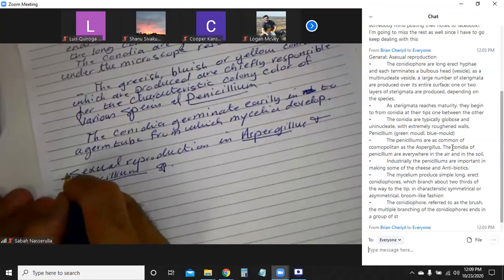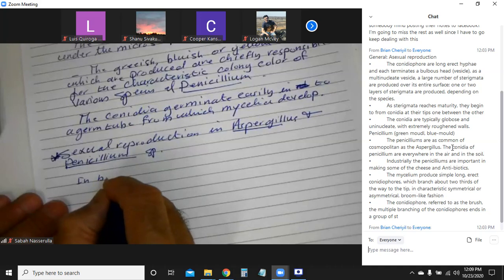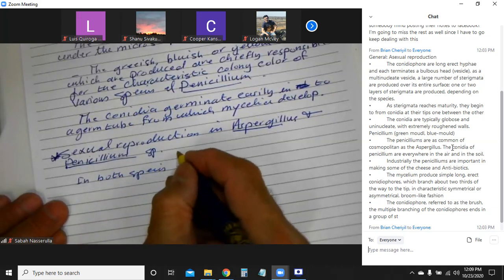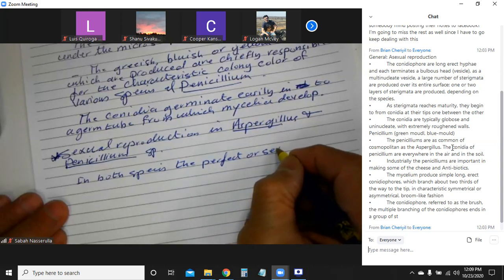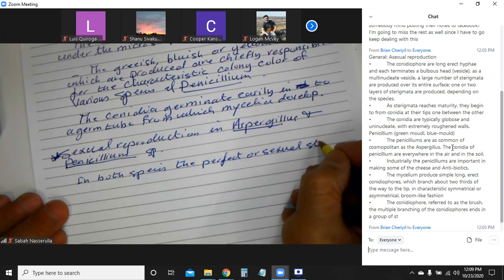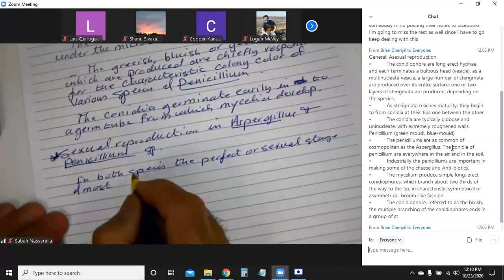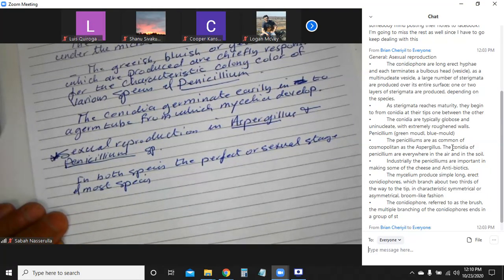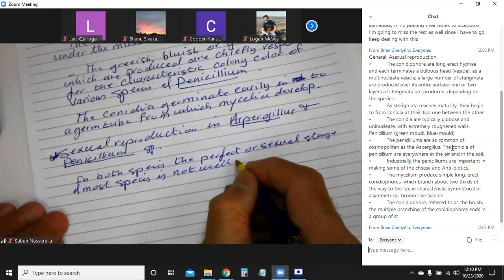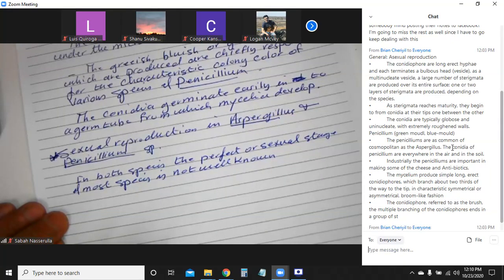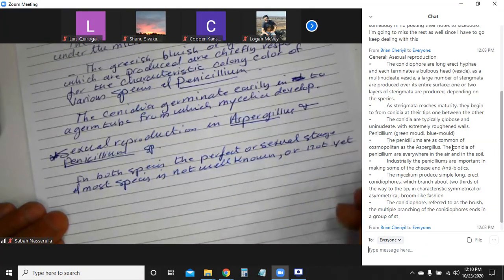As I mentioned to you in general, when we talk about the sexual reproduction in Aspergillus and Penicillium, the perfect, or sexual, stage of most species of both Aspergillus and Penicillium is not well known, or not yet discovered.